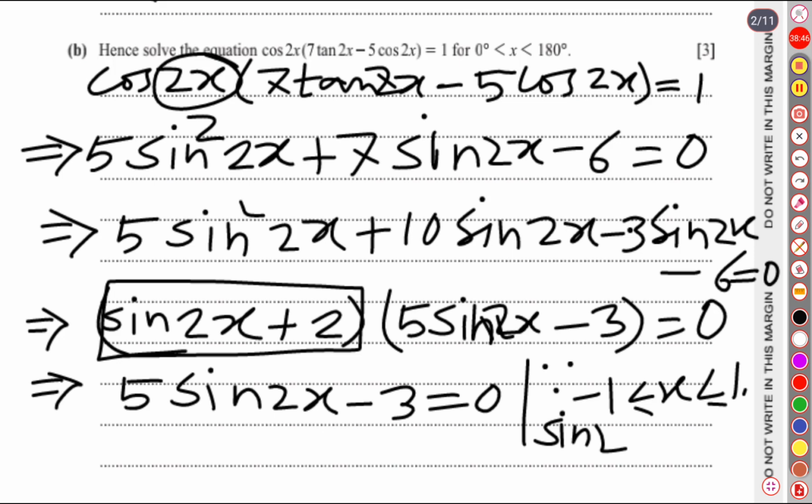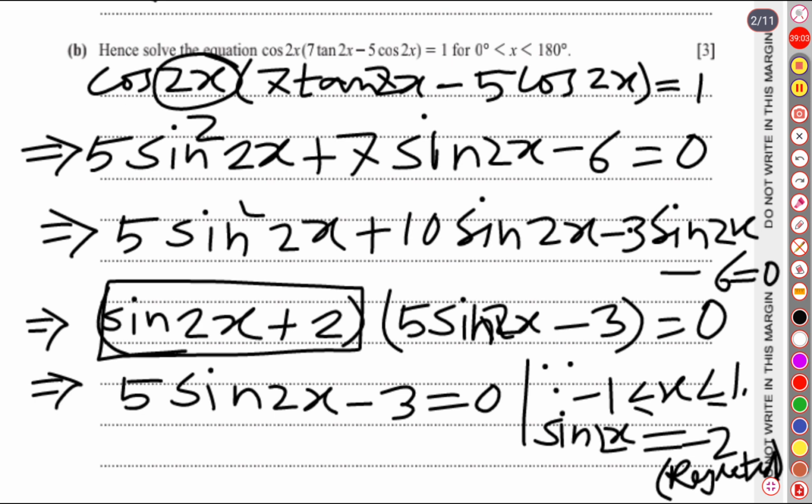Sine 2x equal to negative 2 is rejected. We are rejecting this, or not accepted, whatever you call it.